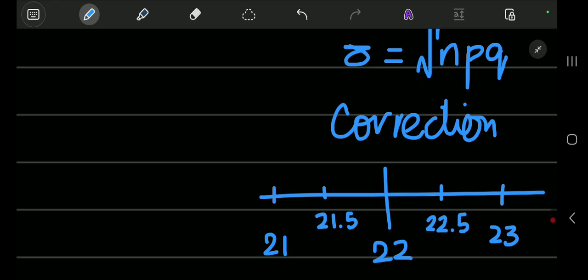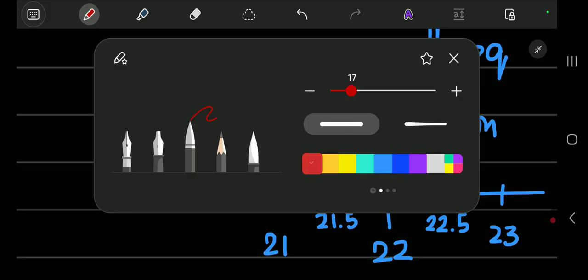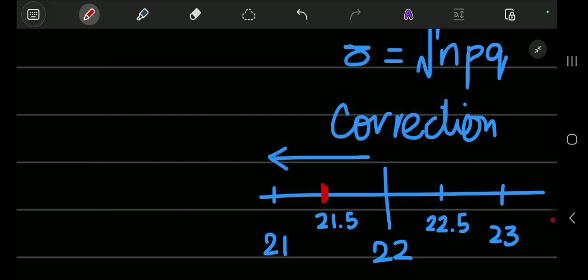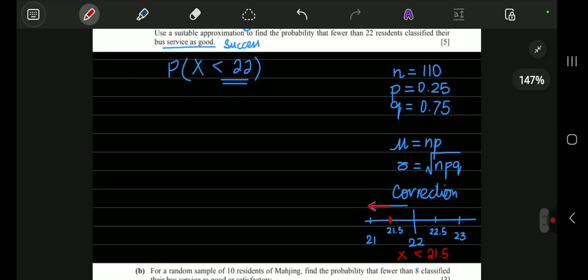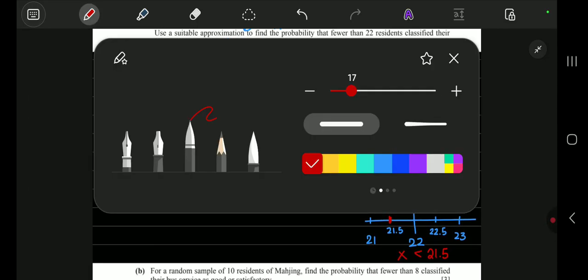We need the left side of 22 because less than 22, but less than 22 means that 22 should not be included. So we should be starting from 21.5 and going to the left side. So your x should be less than 21.5. This is how we do the correction for the binomial to normal approximation.